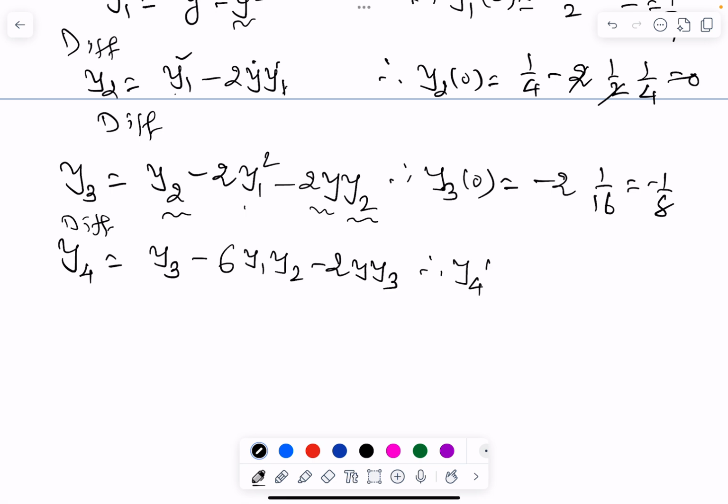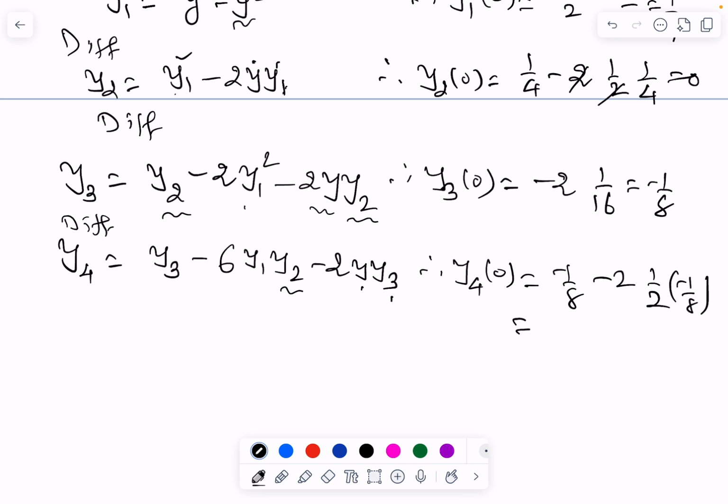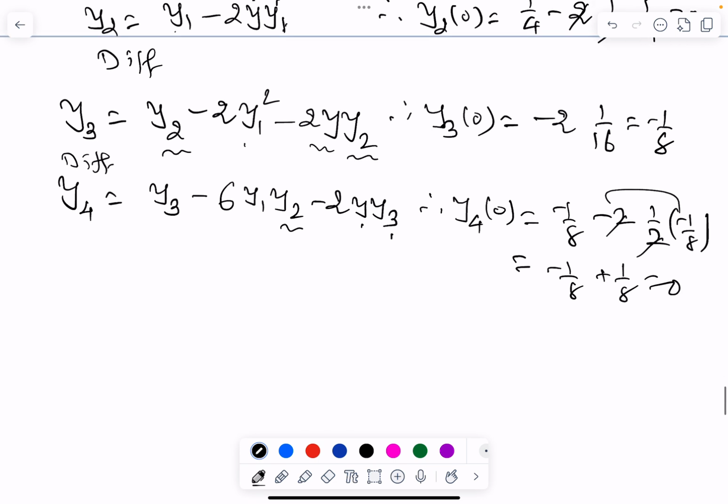Therefore y4 at 0 is y3 at 0, that is minus 1 by 8. Now y2 at 0 is 0. Then minus 2, y at 0 is 1 by 2, y3 at 0 is minus 1 by 8. So this is nothing but minus 1 by 8. And this is minus minus plus to cancel 1 by 8, and so that is 0.